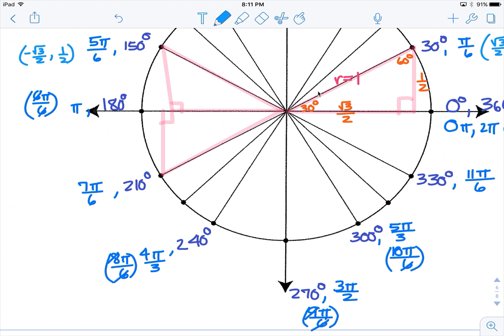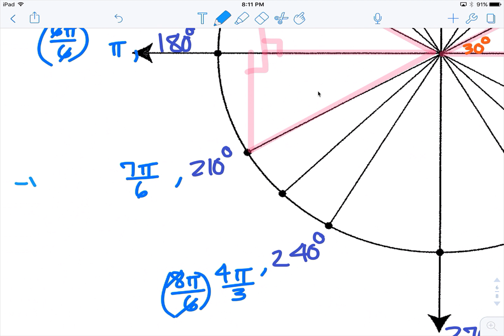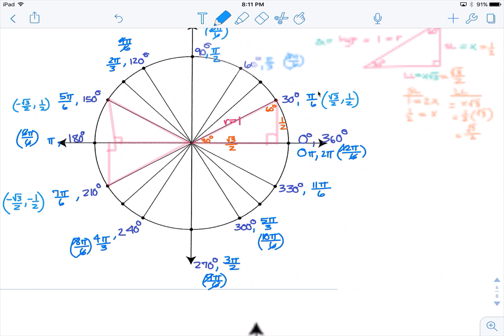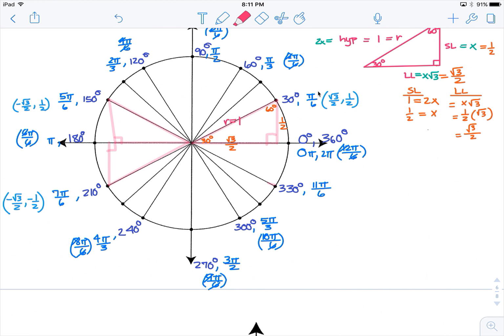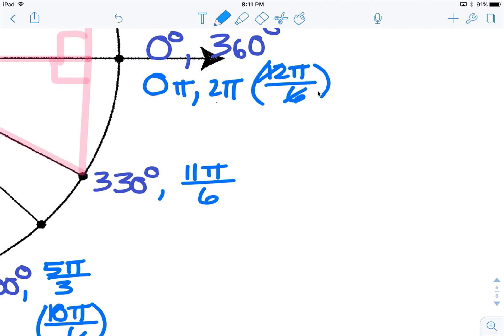So both the x and the y coordinates should be negative. So this would be negative root 3 over 2, negative 1/2, and then reflect it into quadrant 4. And those coordinates would be positive, negative. So square root of 3 over 2, negative 1/2.